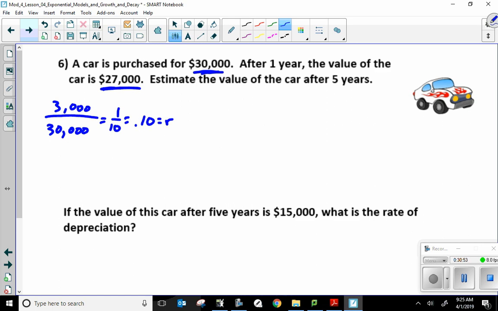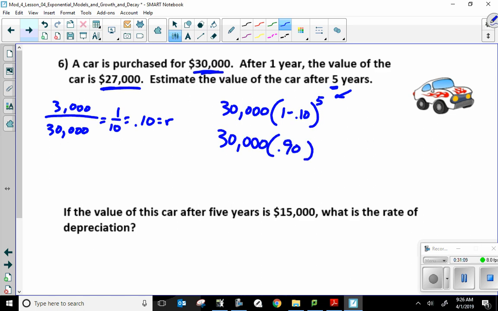That's my R. If it started out at 30,000 and 1 minus 0.10, okay, to my time, which is 5 years, I could put that in the calculator. Or I can call that 0.90 if I combine these.